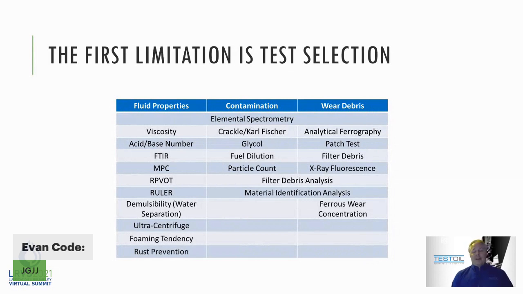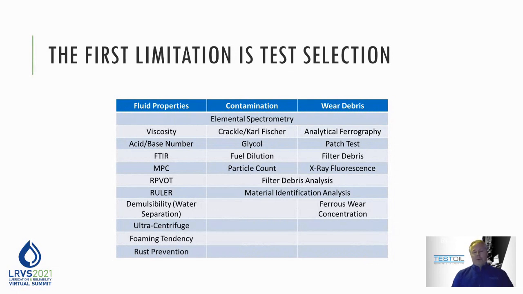There are contaminant tests, and there are wear-related tests. And the simple point is that most tests only fit in one of those three categories. You'll notice a couple down in the bottom right fit into two categories, and one right across the top fits in all three. But the short answer to why do my results not correlate is they're often not measuring quite the same thing. And when seen this way, it's pretty easy to see that, yes, some tests are measuring something that are not being measured by a different test.